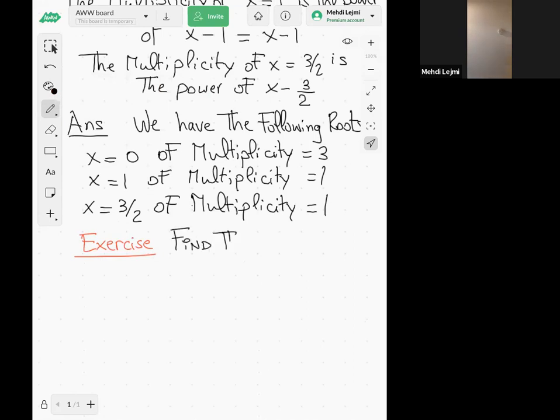So please follow the same steps, right? First, solve. Second, factor. So find the roots and multiplicities of, right, so let's see.